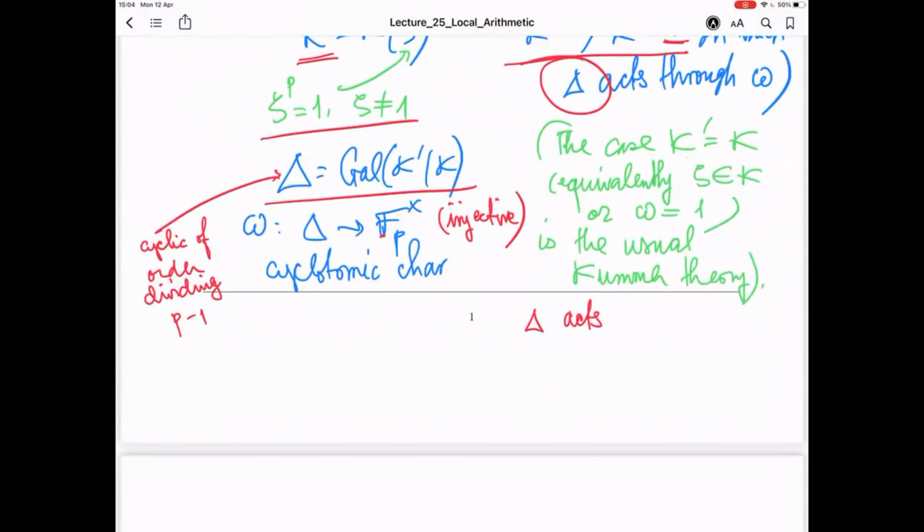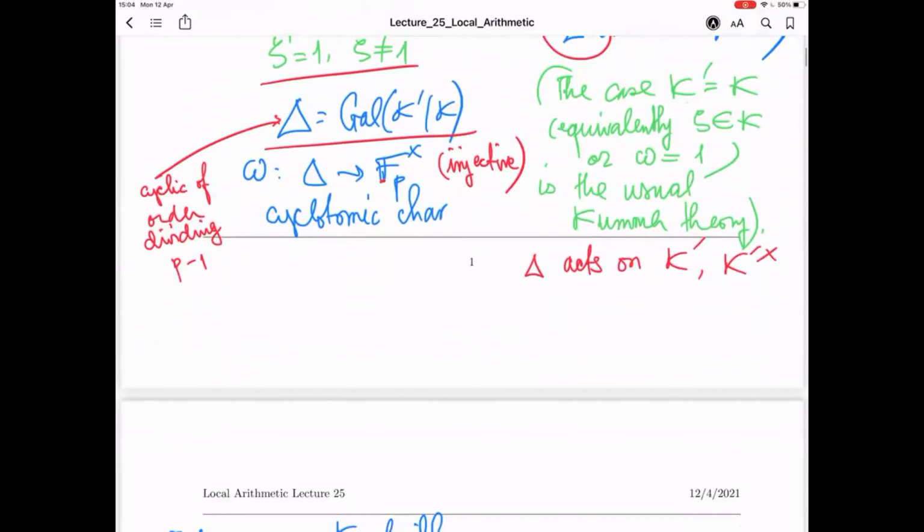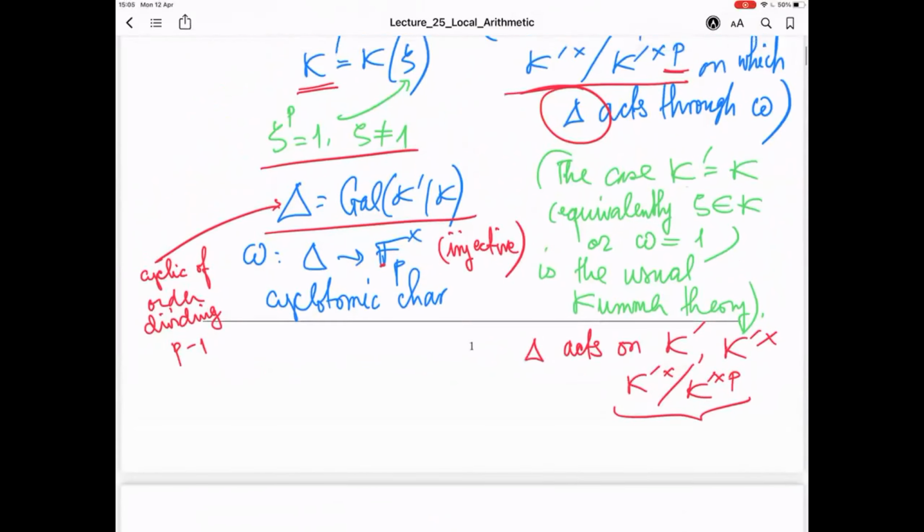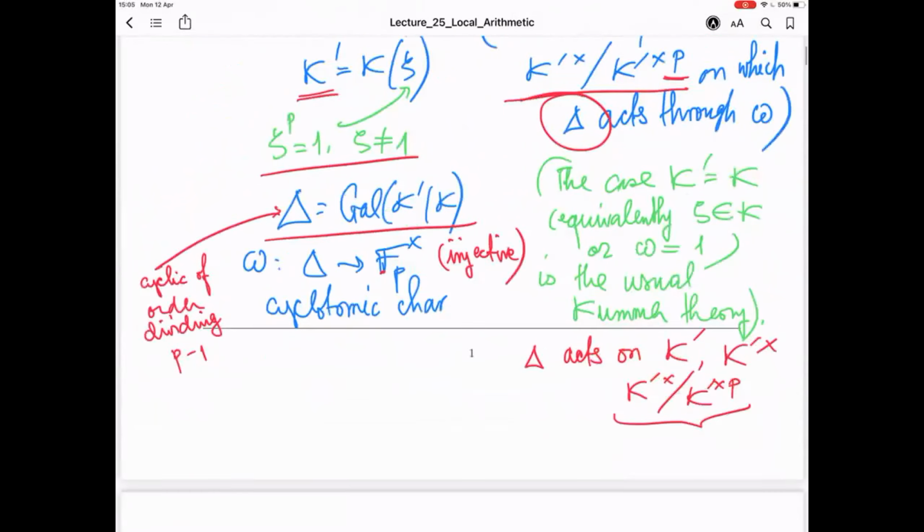Delta acts on K prime star, the multiplicative group, and on this quotient of the multiplicative group, K prime star modulo p-th powers. So we are looking at this, this is an F_p space.